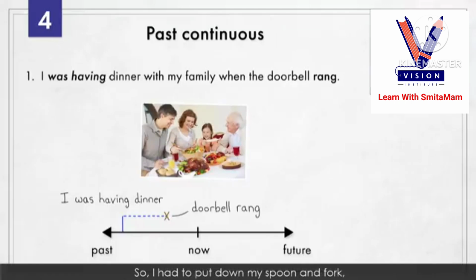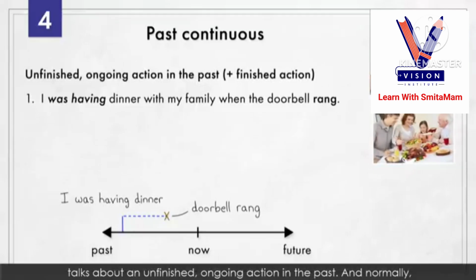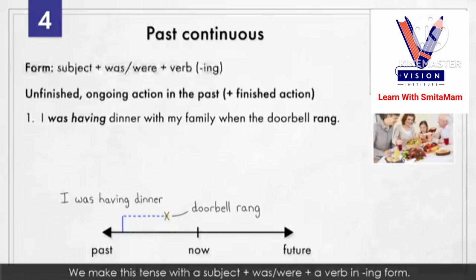I had to put down my spoon and fork, get up from my table and go and see who it was. So the past continuous tense talks about an unfinished ongoing action in the past. We also mention another finished action that interrupted it. We make this tense with a subject plus was or were plus a verb in ing form.